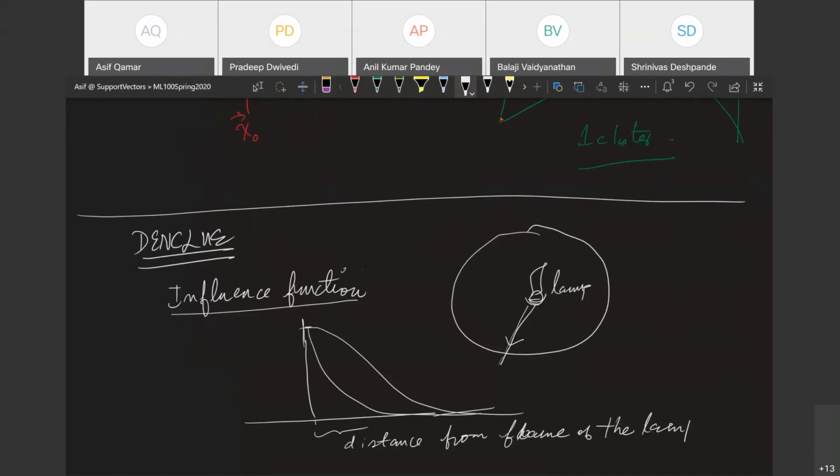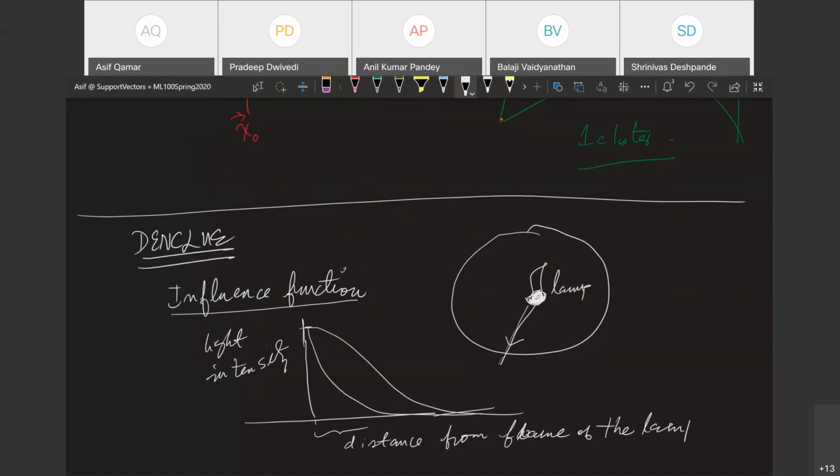The light intensity, we know exactly how it goes: 1 over r squared. But imagine some other sort of influence. One thing we are sure of is that the further you go from the lamp, the less the influence. Does that intuition make sense, guys? Another way to put it is that you can think of this point as a heavy point pulling other points towards itself.